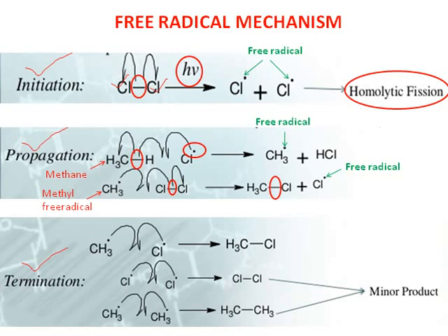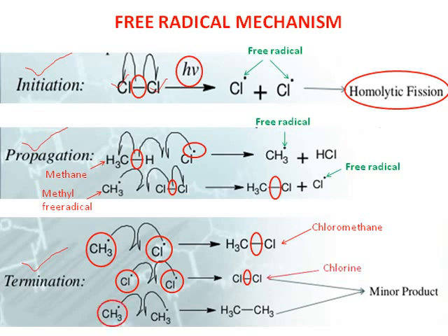These free radicals will combine in different ways. First, the methyl free radical reacts with the chlorine free radical and we get the chloromethane molecule. Then a chlorine free radical and another chlorine free radical combine to form the chlorine molecule, and a methyl free radical and another methyl free radical combine to form the ethane molecule. So there are three ways to combine the free radicals.